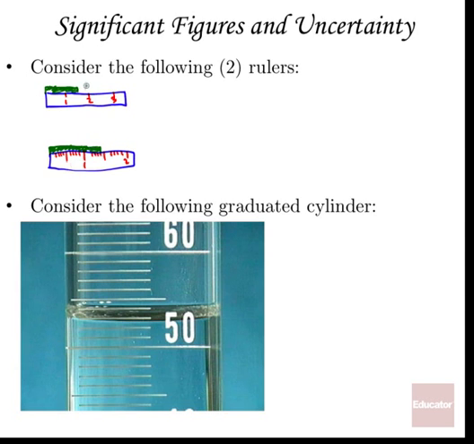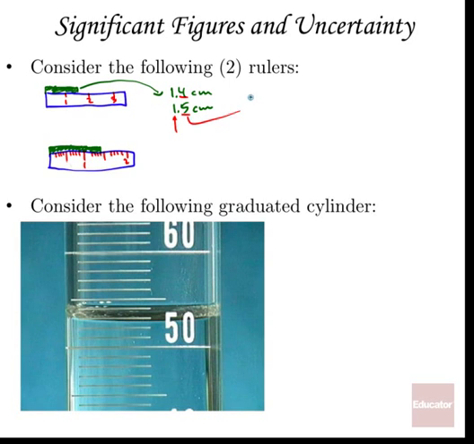So how would you measure the green stick with the above ruler? One person could say maybe 1.4 cm, or another person could say 1.5 cm. It turns out that neither person is incorrect. Why? Because the 1 is what we know for sure. We know that the green object is longer than 1 cm for sure, and this last digit, the 0.4 to 0.5, is really uncertain.